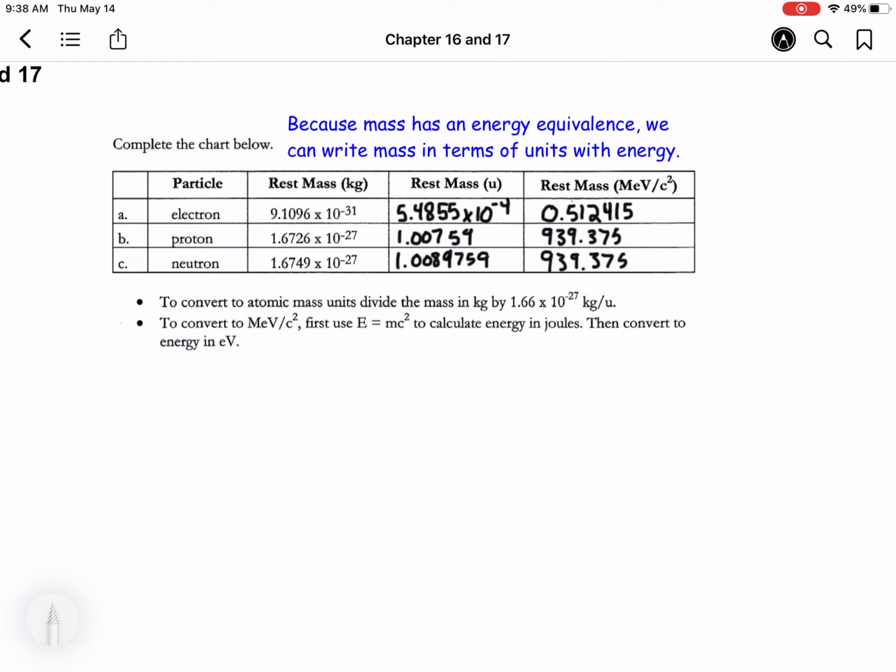I converted these, first using the atomic mass. We know a proton and neutron weigh approximately 1 for atomic mass in U. Then to convert to mega electron volts, we use E equals mc squared to calculate the energy in joules, and then convert to eV. The capital M means times 10 to the 6.